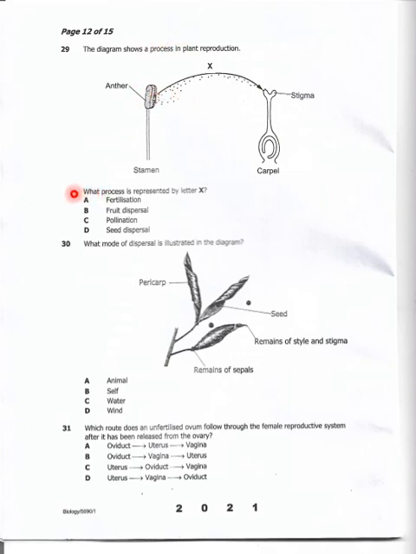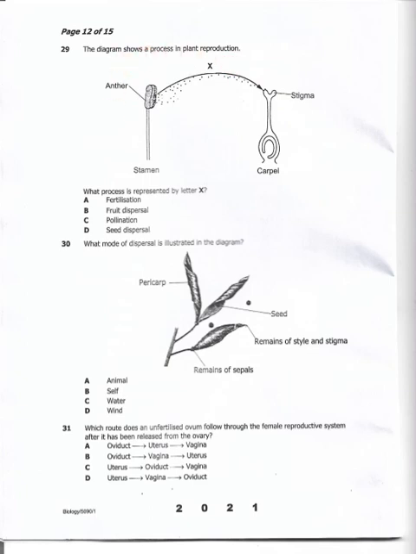So on A we have fertilization, B fruit dispersal, C pollination, D seed dispersal. What process is taking place when the pollen comes from the anther to the stigma?